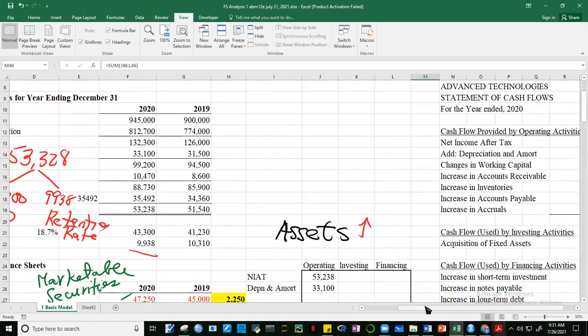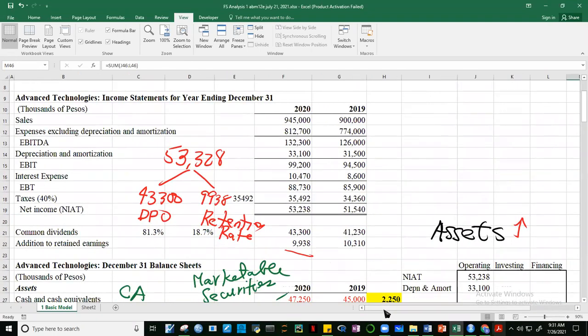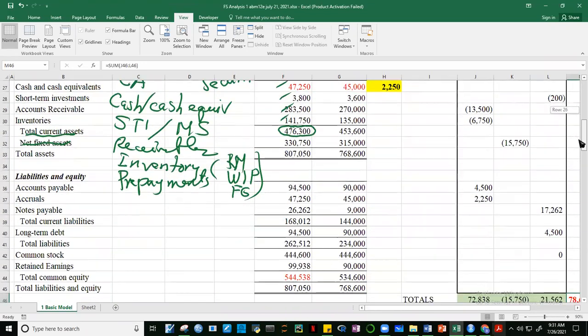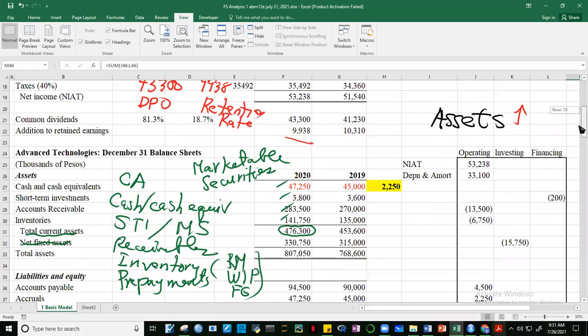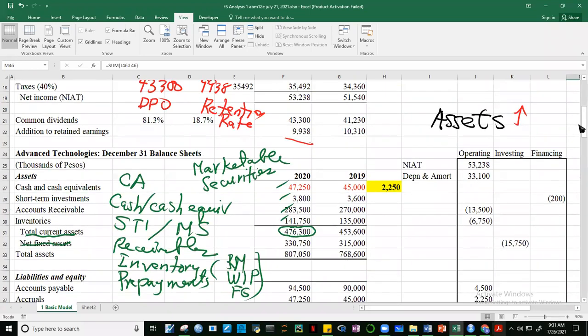Ask ko lang muna, meron pa bang ibang items sa net income after tax sa income statement na hindi natin nasama dito? That will involve cash, no? It will be a cash transaction generally.